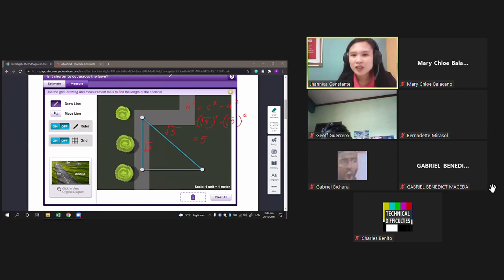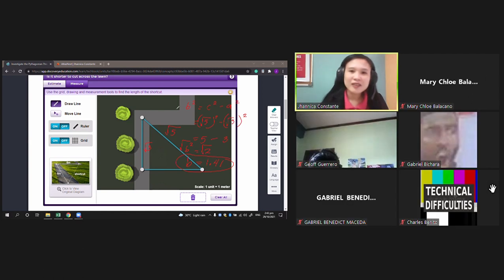If you multiply a radical with the same radical, it's just the number inside. So 5 minus 3, just remove the radical sign. So we have 5 minus 3 is equal to 2. Get the square root of 2, and that is the square root of B squared. So B is equal to 1.41. So that is the measurement of side B.